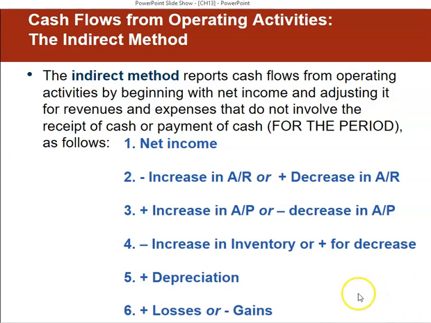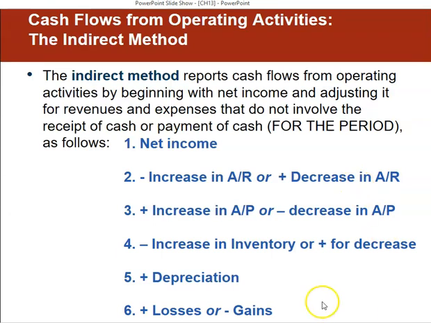Let's say we have a dry cleaning business, and we purchased a delivery van some years ago for $20,000, and we've depreciated that van all the way down to where it has a net book value of $5,000, and we sell that vehicle for $7,000.